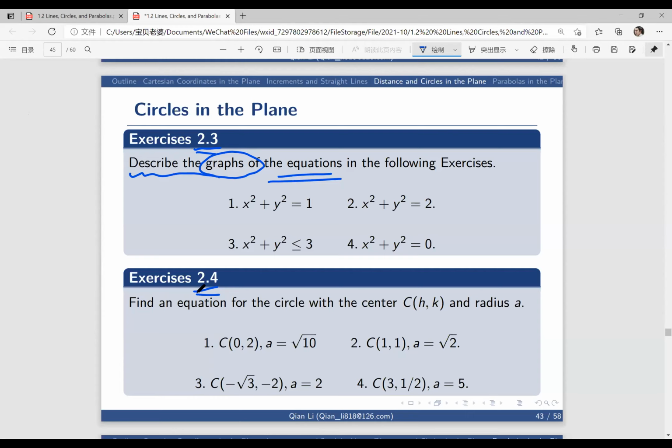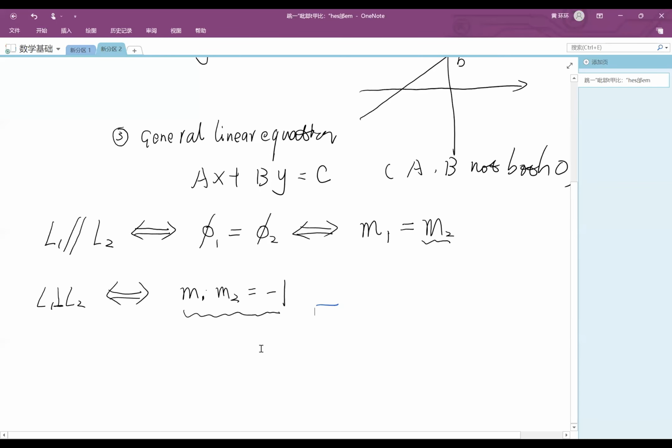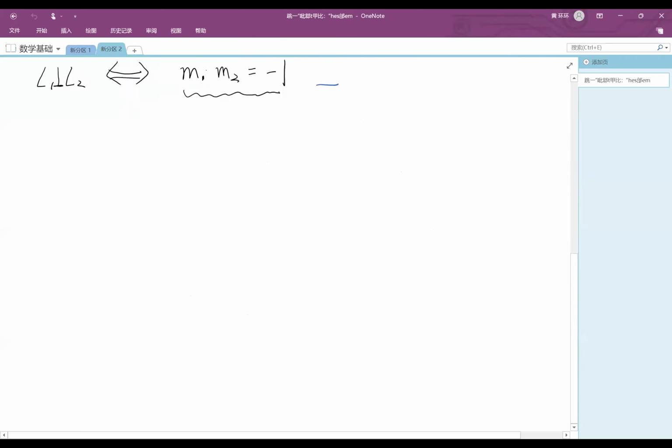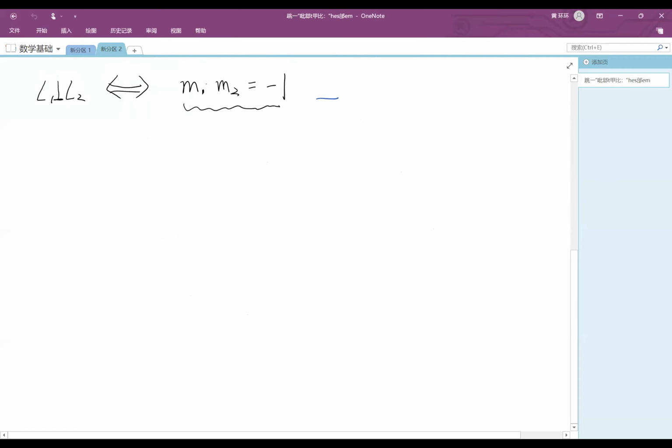Let's see the exercise together, okay? The first exercise means describe the graph of the equations.